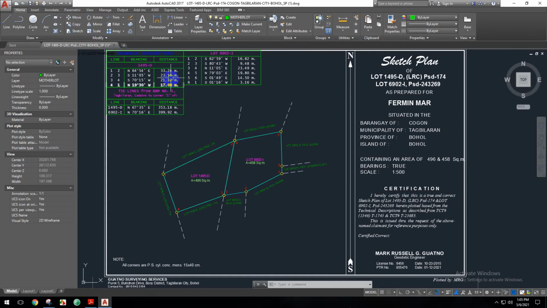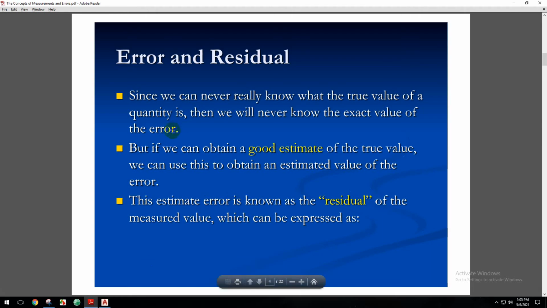Next you measure 33.22, so your error is 2 cm. So it still varies. But if we can obtain a good estimate of the true value, we can use this to obtain an estimated value of the error. This estimated error is known as the residual of the measured value.